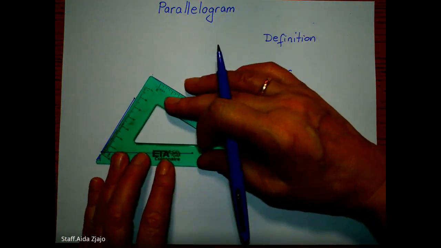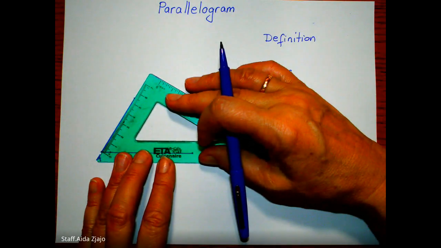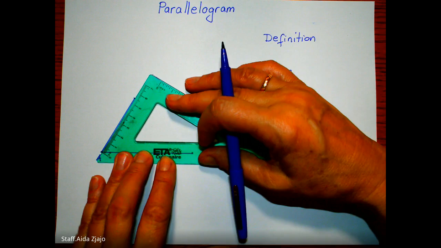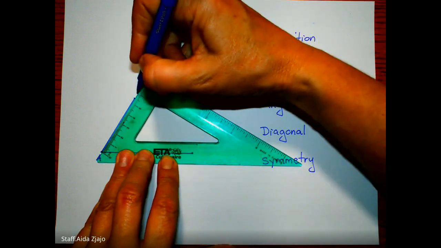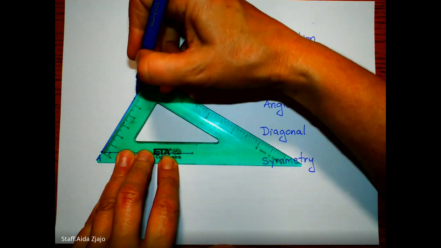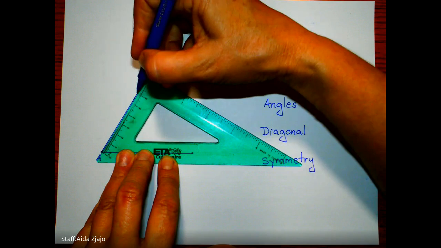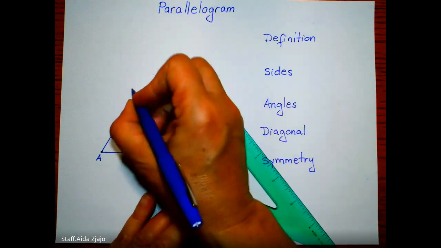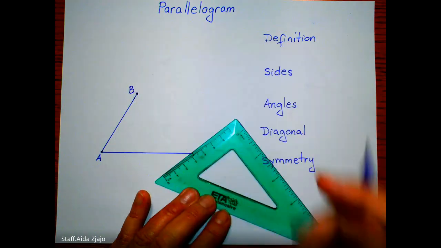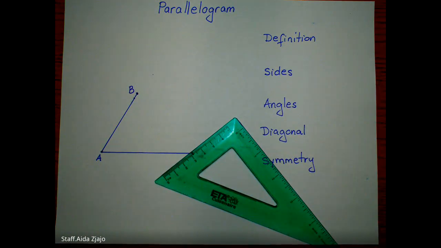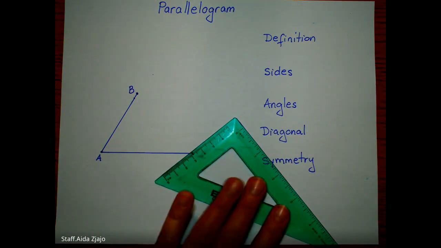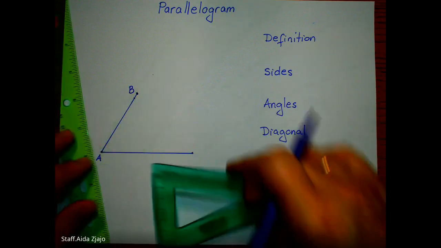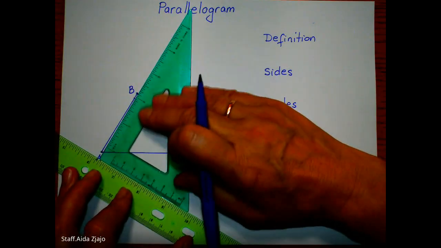Let's see. I would like to extend this line to be longer, about 6 centimeters, for example. So here's the point. That will be B, and AB will be 6 centimeters. At this point, I can take my ruler and make parallel lines.